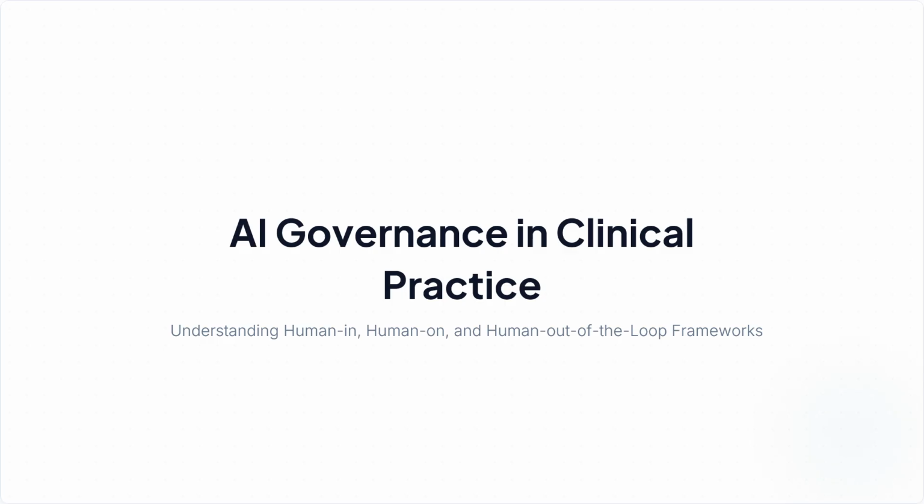And in this video, I'm going to talk through the difference between human in, human on, and human out of the loop. Yes, we are talking about all three contexts nowadays when we're talking about AI. So, how are we using AI and who has responsibility of the decisions that we make with AI? And so, we're talking about three safety architectures.